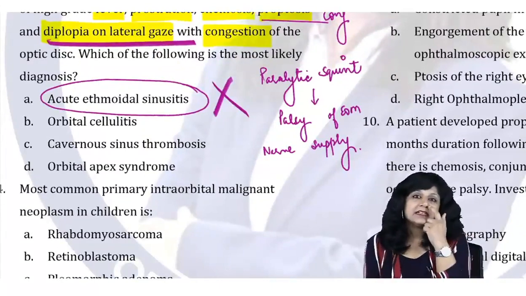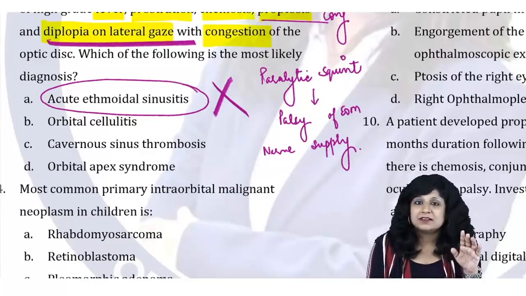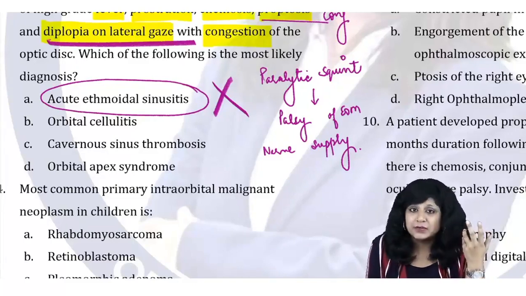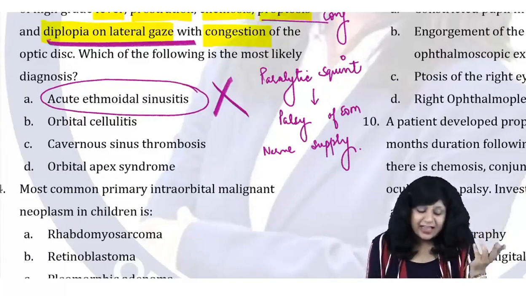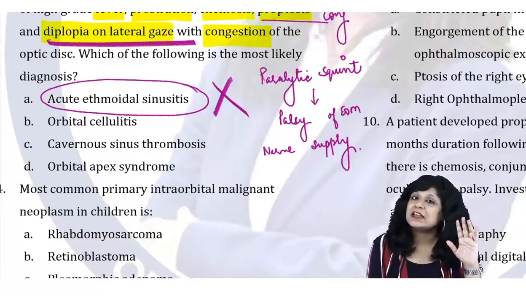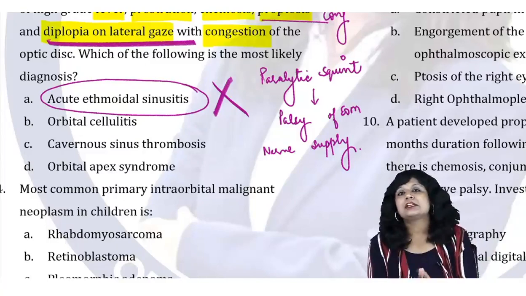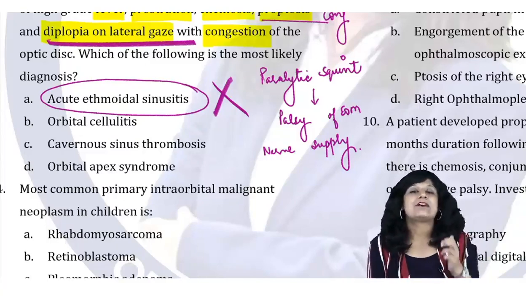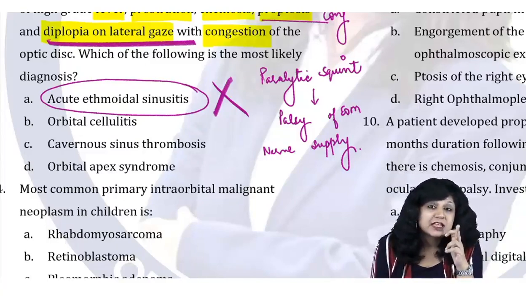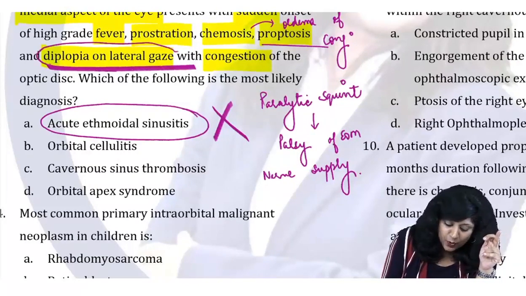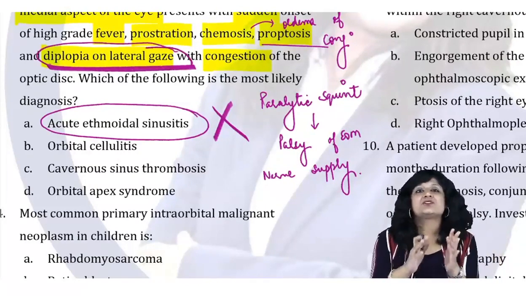Now orbital cellulitis can cause the extraocular muscle paralysis. We can have the proptosis also, cavernous sinus thrombosis and orbital apex syndrome also. Now these can also lead to the extraocular muscle involvement. We can have nerve palsies, but they are saying that this patient is just having diplopia in the lateral gaze.